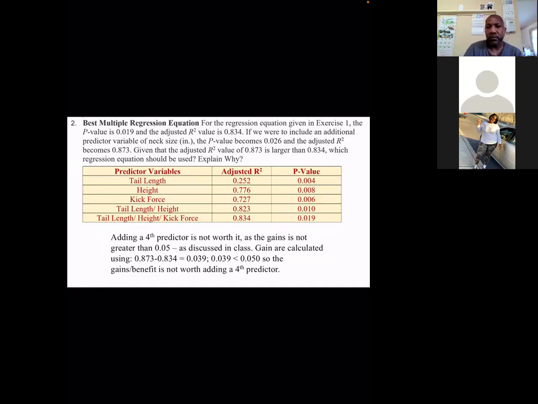Given that the adjusted R squared value of 0.873 is larger than 0.834, which regression equation should be used? Explain why. Does anybody want to answer this?